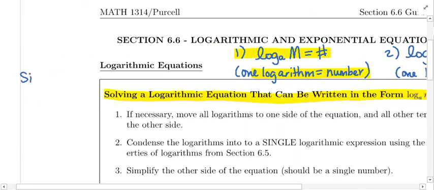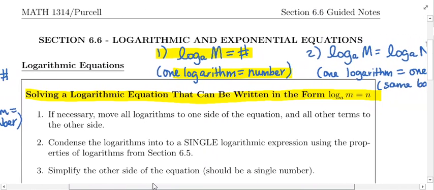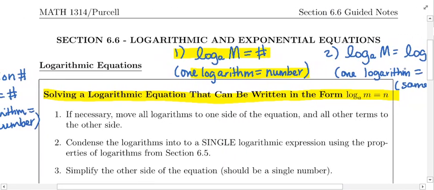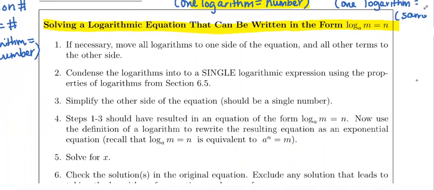Let me write that over here. This is situation number 1, where you can write your equation in the format log base A of something is equal to a number. So one logarithm is equal to a number. These are the steps that you're going to follow to solve something like this. Let's go ahead and read through them. Number 1, if necessary, move all logarithms to one side of the equation and all other terms to the other side.